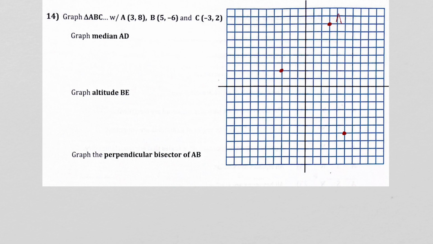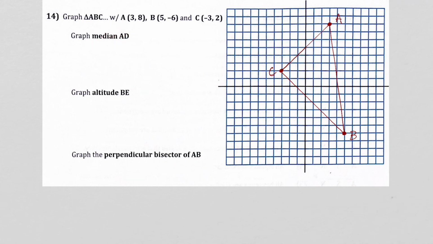So I'm going to label this A, B, and C. Notice I didn't label it till after I knew where all 3 points were, so I didn't have to make my line go through a point. All right, so connect that. Connect this. And connect this. Okay.